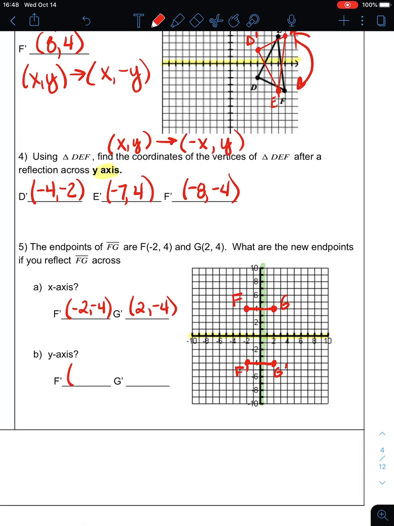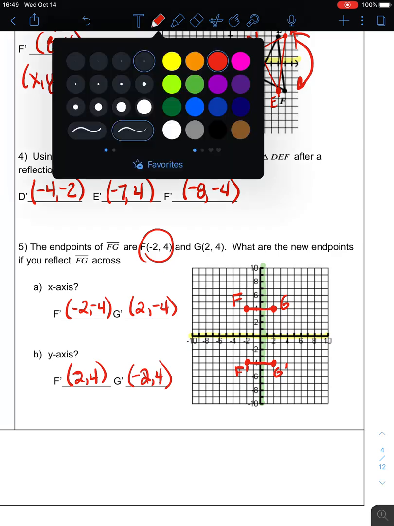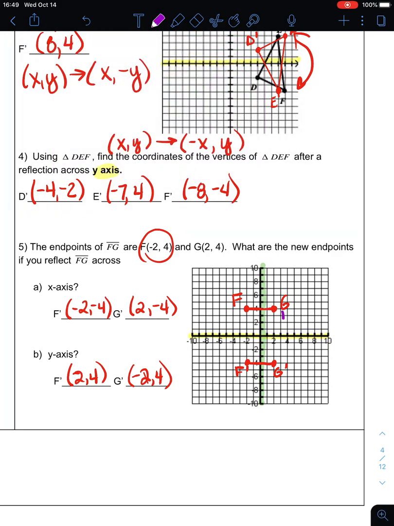So my F becomes +2, 4, because originally it was -2, 4. And G becomes negative 2, 4. So they trade places. So when you do this the second time, then this becomes F prime and this becomes G prime. So it just rotates itself and it looks exactly like it did before, except if F and G were different points, then they would be switched.